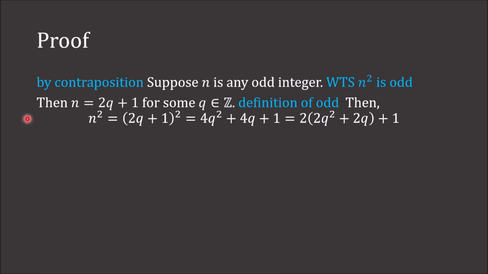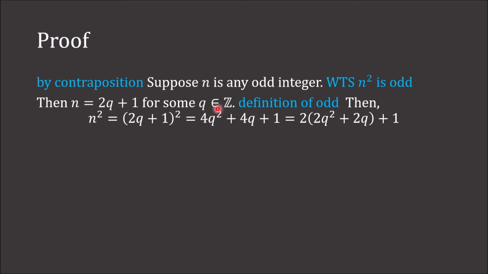So n is 2q plus 1 for some integer q. So write n squared. It is the quantity 2q plus 1 squared, which is 4q squared plus 4q plus 1. So this is 2 times (2q squared plus 2q), right?